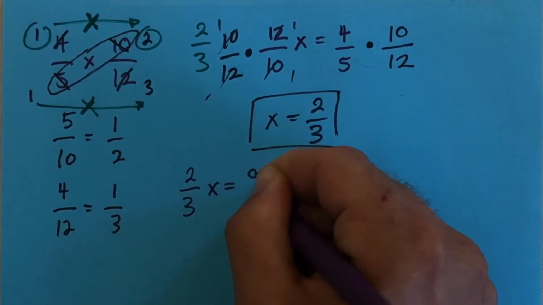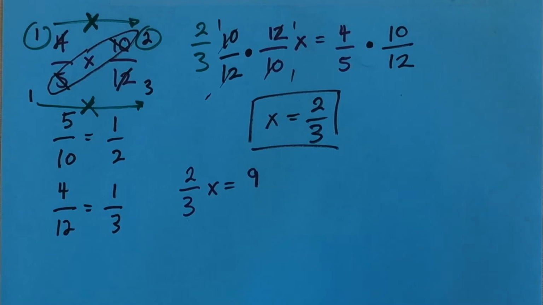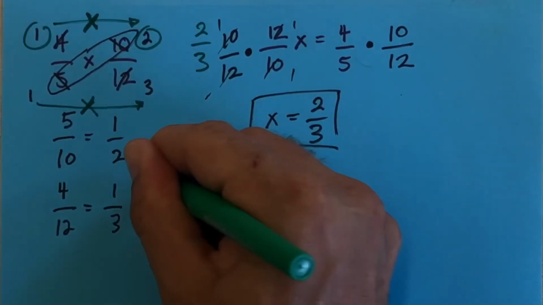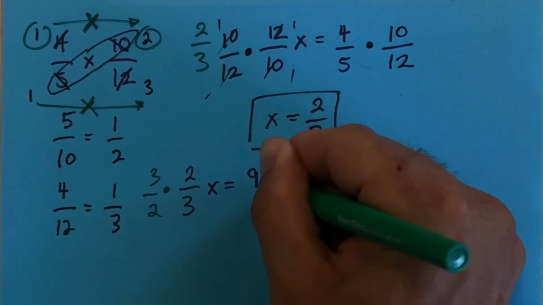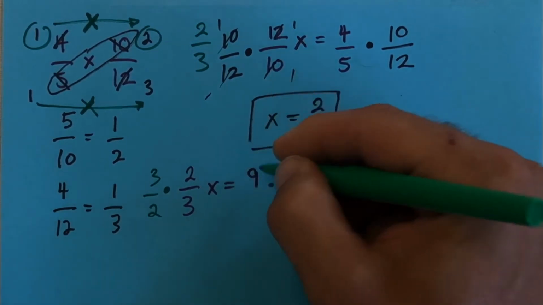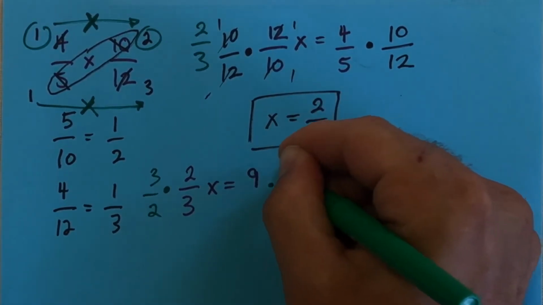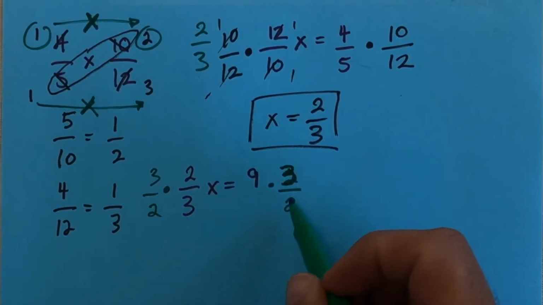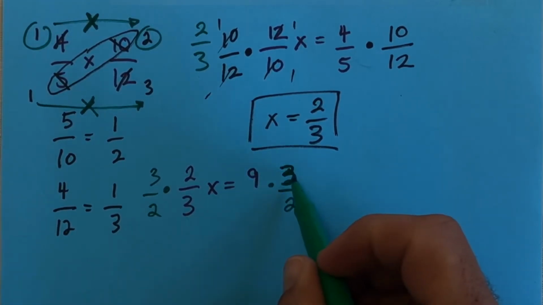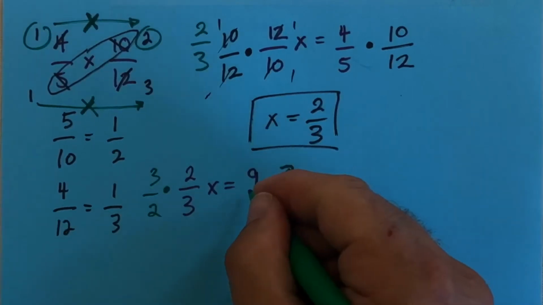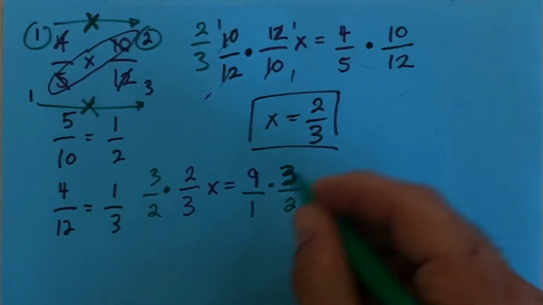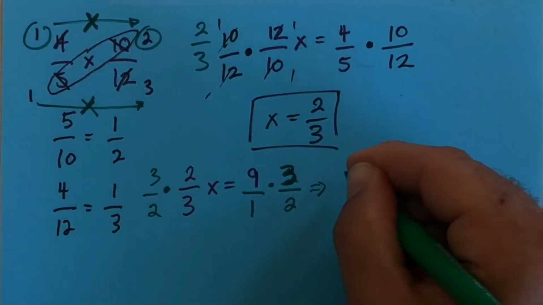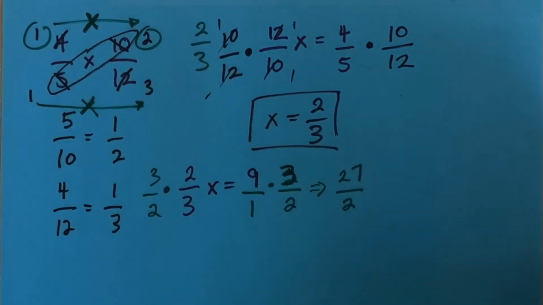is equal to 9. Your inverse operation is multiplying both sides by 3 over 2, which makes this a 3. And you're like, what am I doing here? This is a whole number, this is a fraction. Well, you're simply putting this number over 1 and getting 27 over 2.